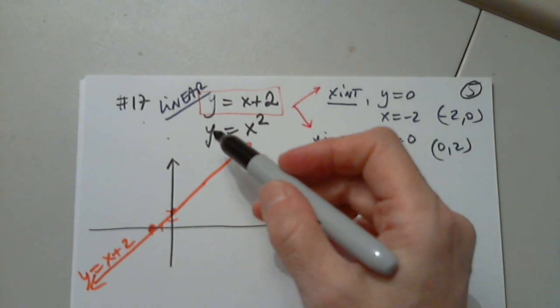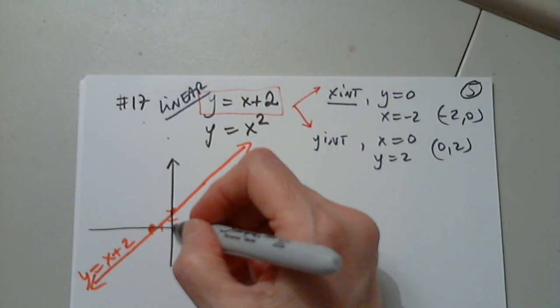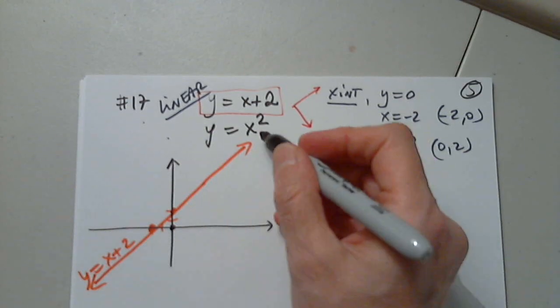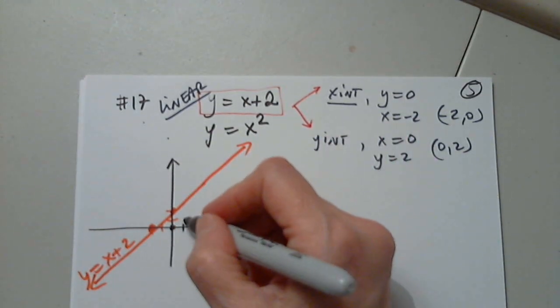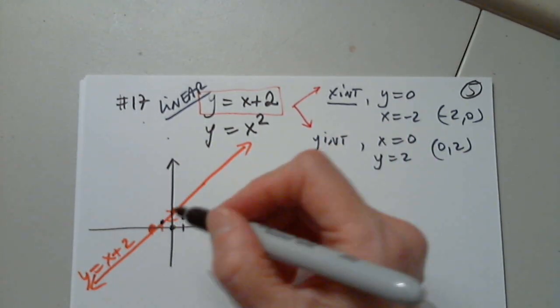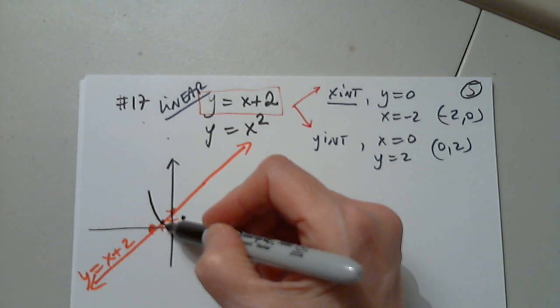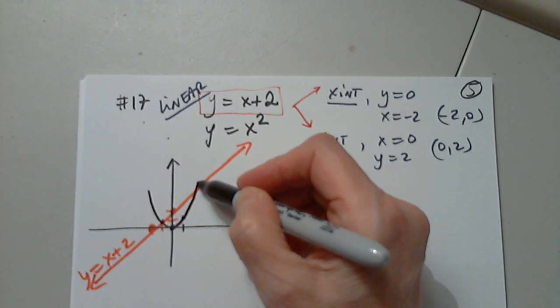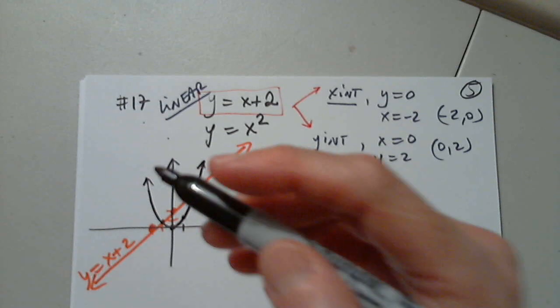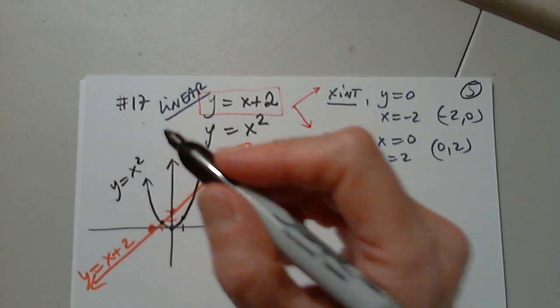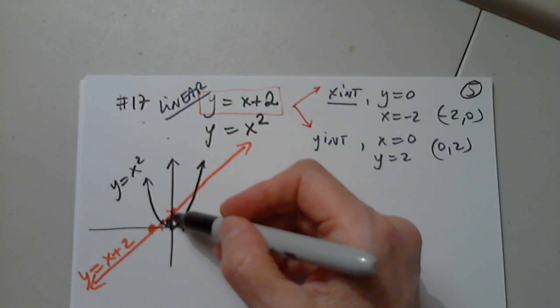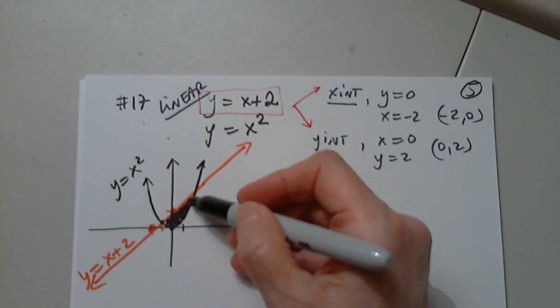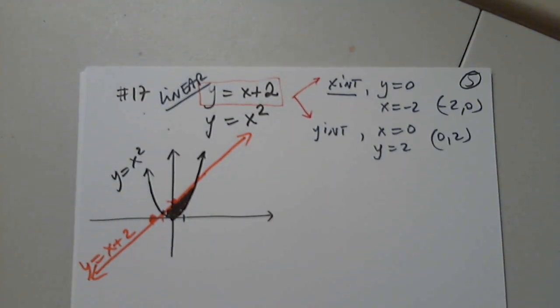Now I will graph y equals x squared. We know how to graph it. When x is 0, y is 0. When x is 1, y is 1, and so on. So this is y equals x squared. As you see, there is an area enclosed by the two graphs.